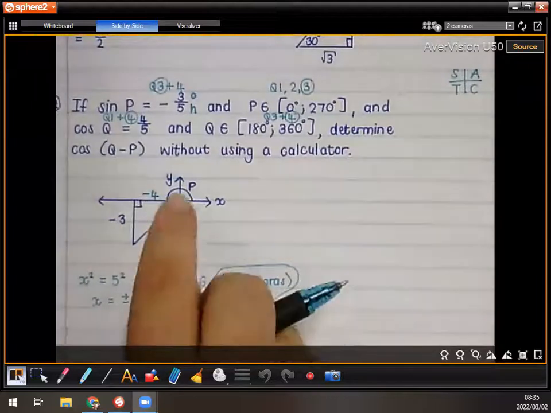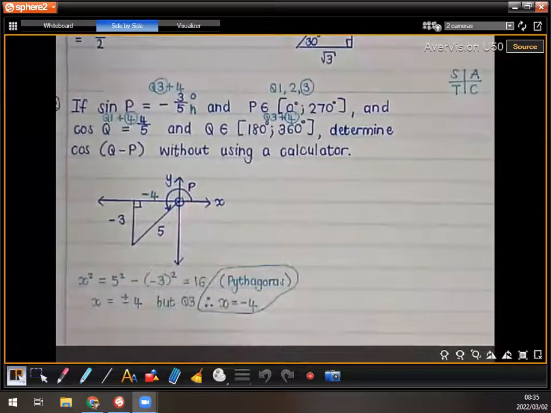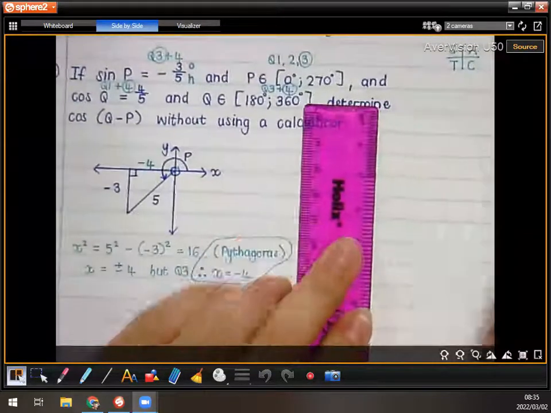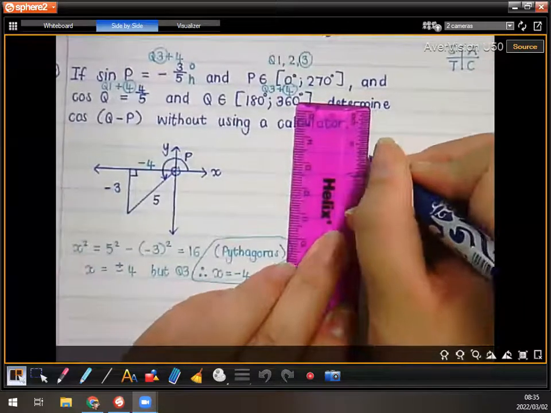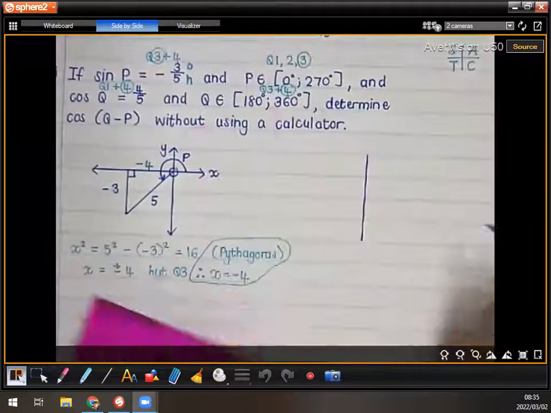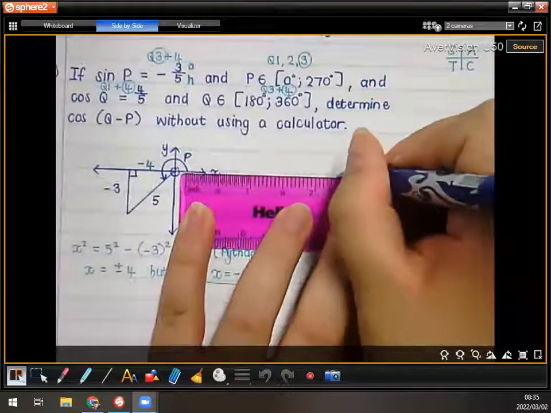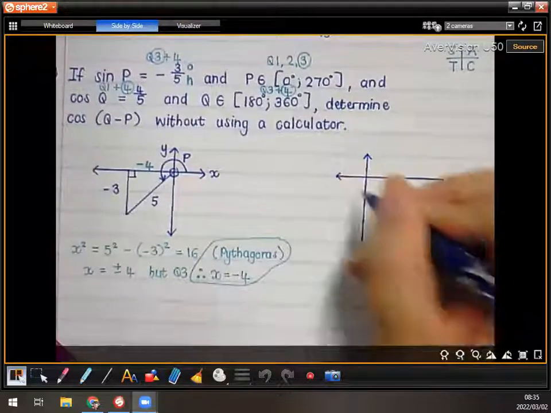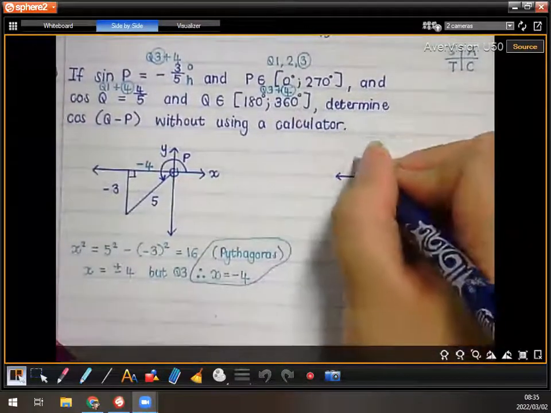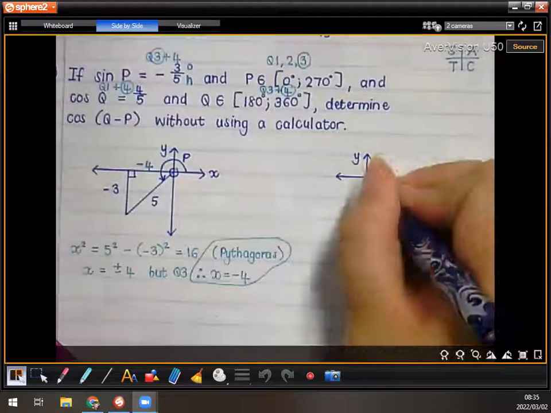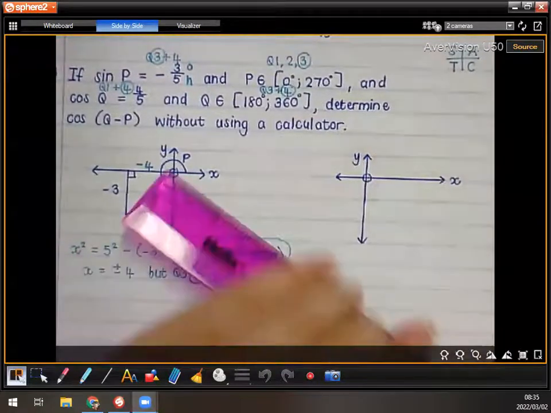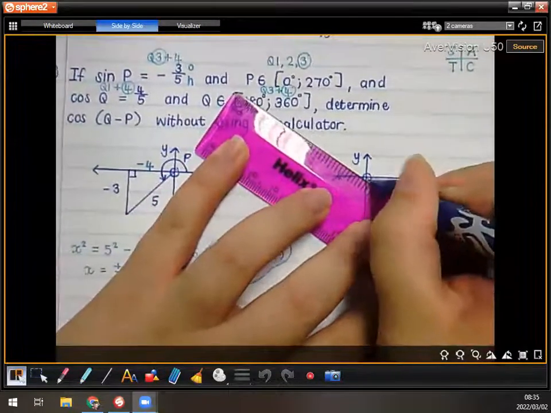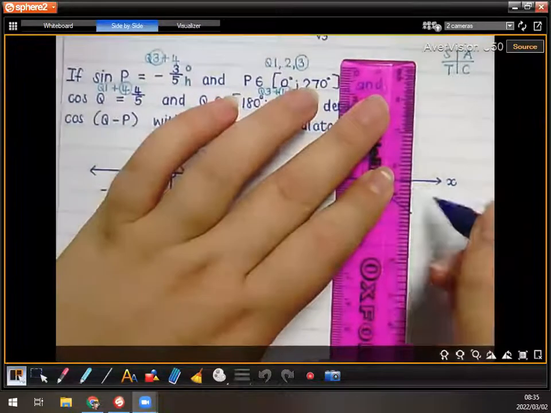Now guys, you could draw it on the same set of axes, but then it gets a bit busy, alright? I would suggest just drawing a separate one for each. But if you want, you can do it on the same one. Again, you're just going to draw your right angle triangle.